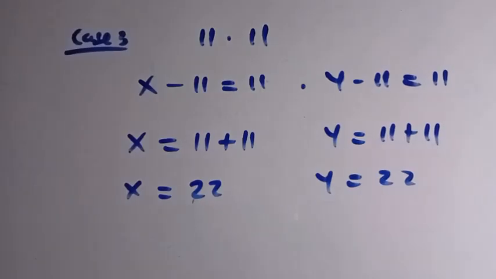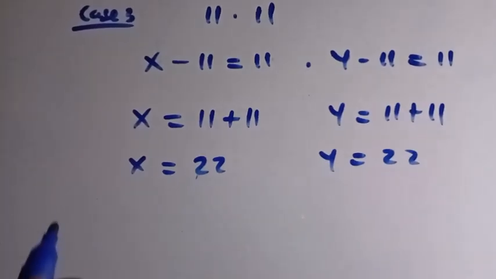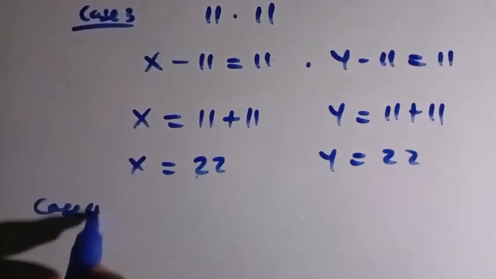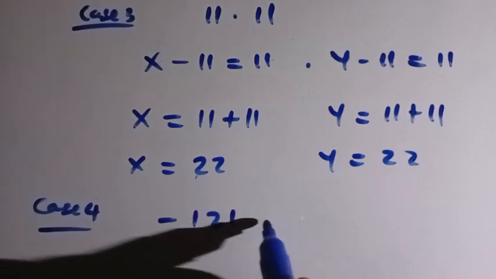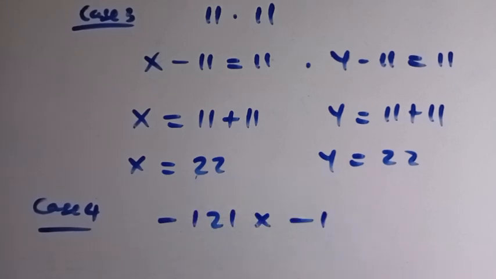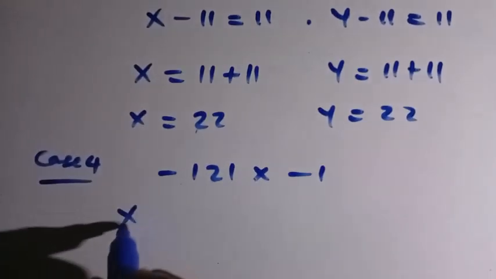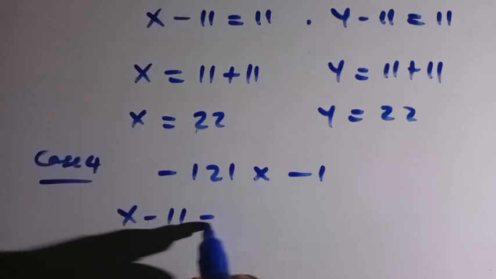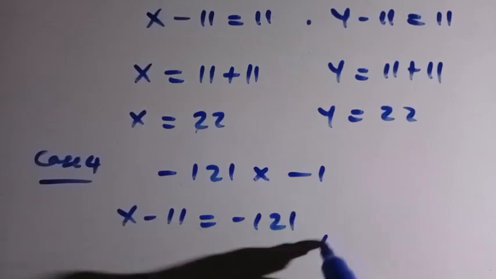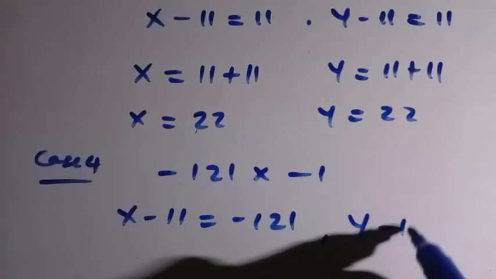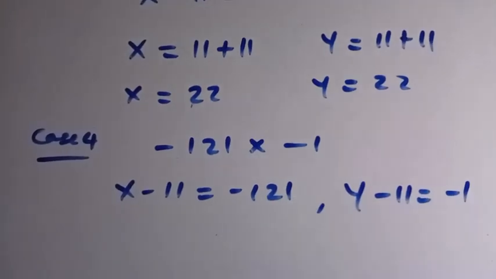And also, when we test for the negative part as well, which I'm going to consider as case 4, we have minus 121 multiplied by minus 1. So this shows that we are going to have x minus 11 equals minus 121, and y minus 11 equals minus 1. So this is negative values.